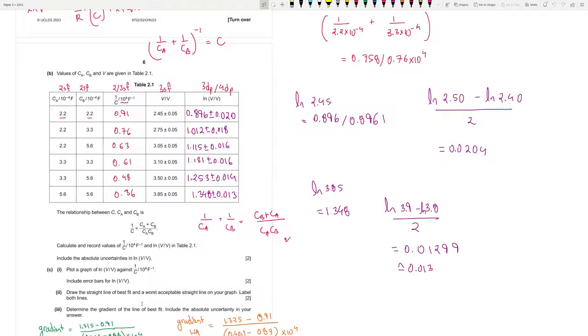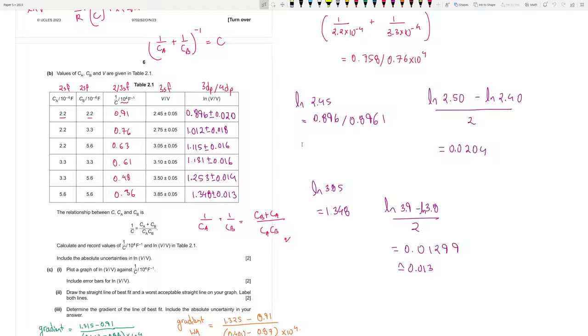Ln 2.45 is 0.896 or 0.8961. These are your options, 3 dp or 4 dp. I opted for the 3 decimal place answer, 0.896.